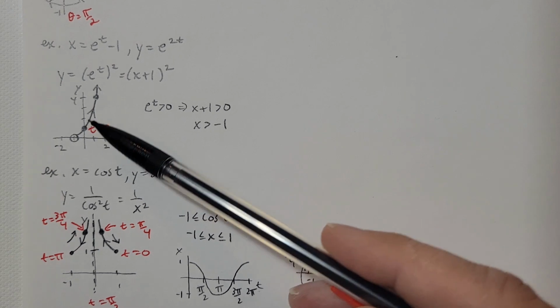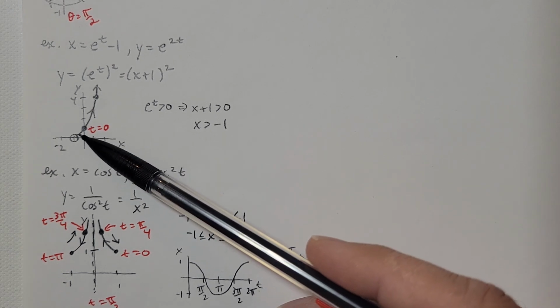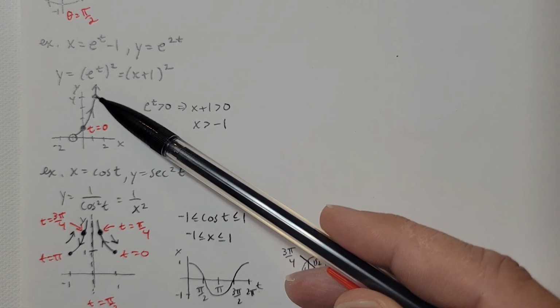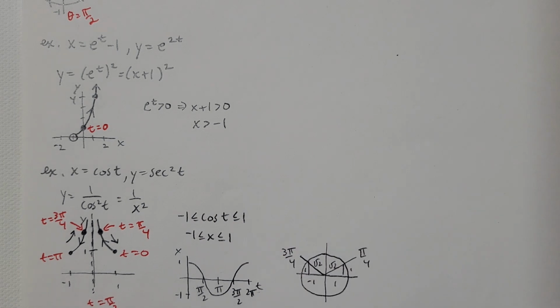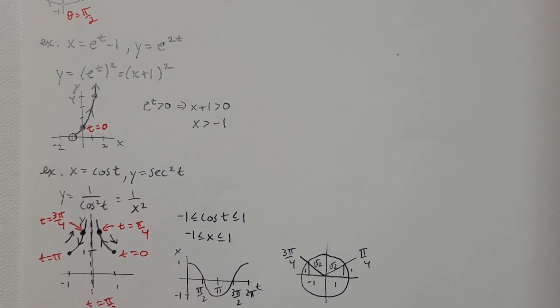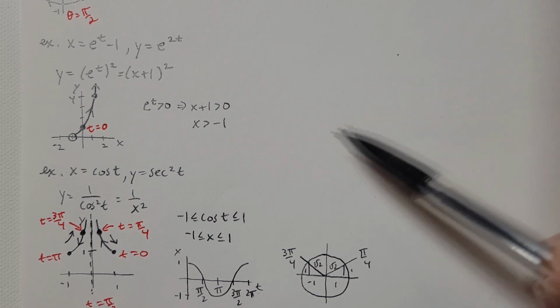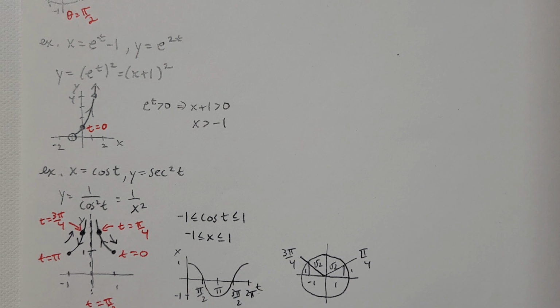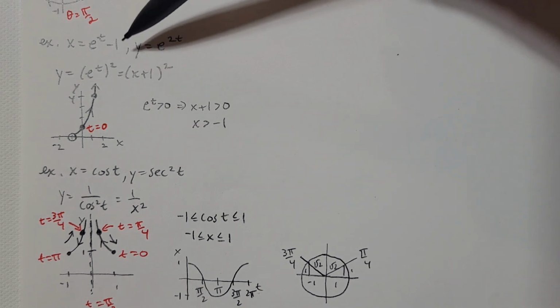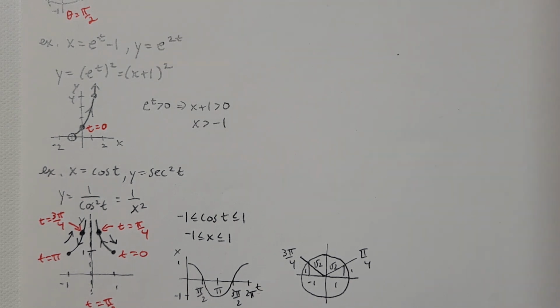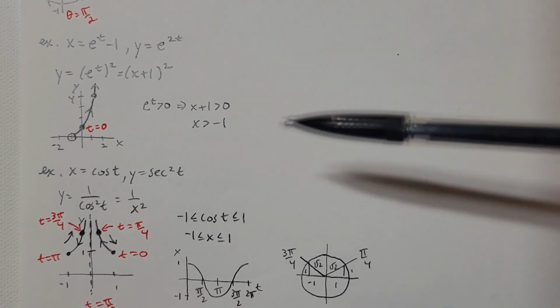That still doesn't tell me how I trace this out completely, if I'm going this way or this way. So I probably want to select another value for t. Like if I let t be 1, for instance. If t is 1, I have e minus 1 for x. E is roughly 2.72, minus 1, that'd be 1.72.